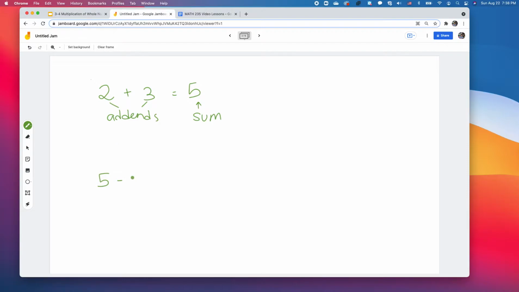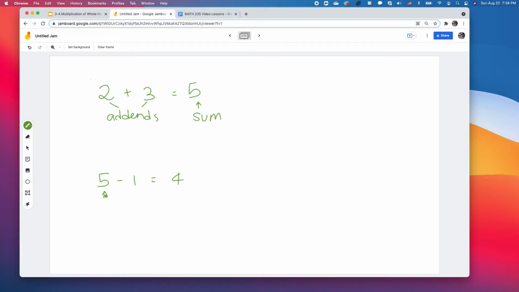How about in subtraction? What if we are doing 5 minus 1 is equal to 4? Do these two numbers have the same names as addends? No, right? Because you cannot use a commutative property.